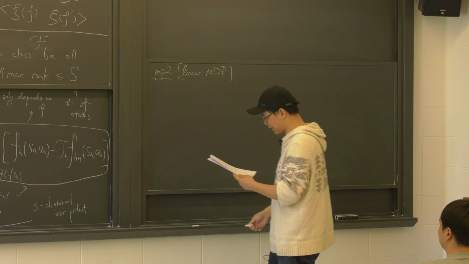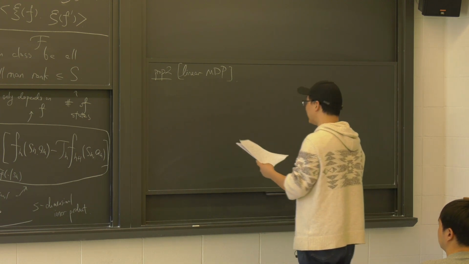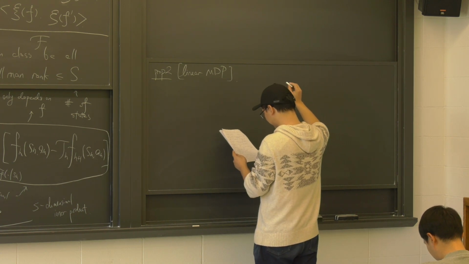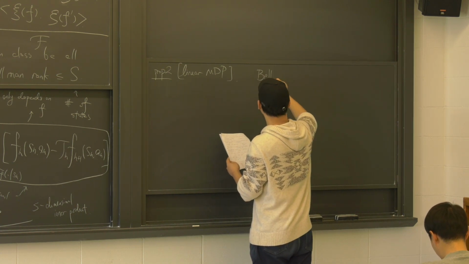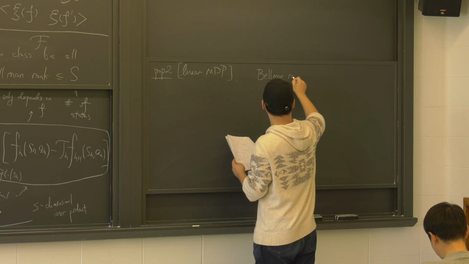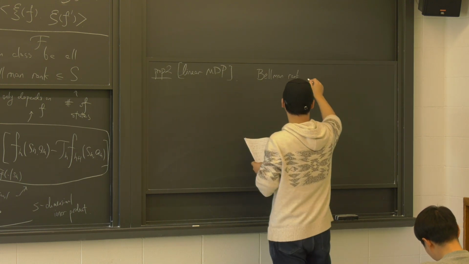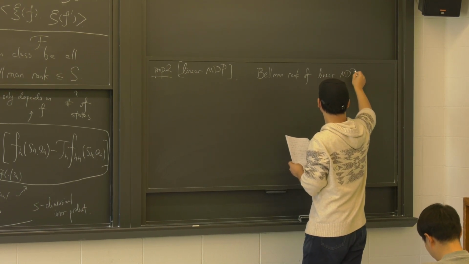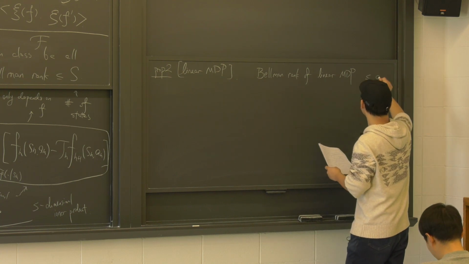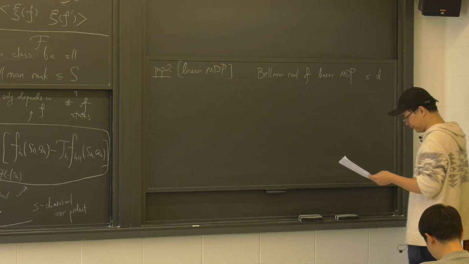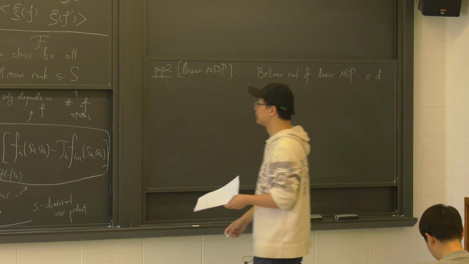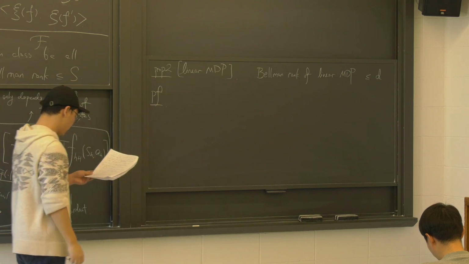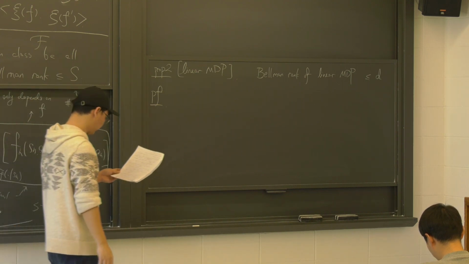We can also say this class is a special case that has a low Bellman rank. So we say the Bellman rank of a linear MDP is less than or equal to the dimensionality d, where we again do a similar decomposition.